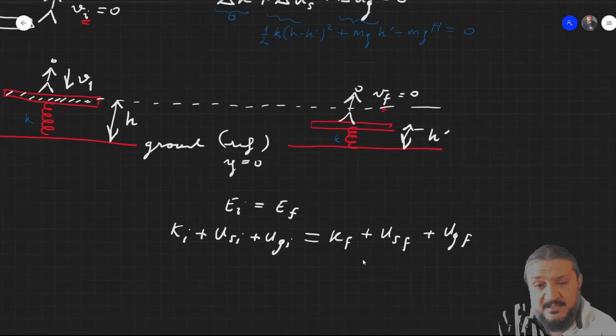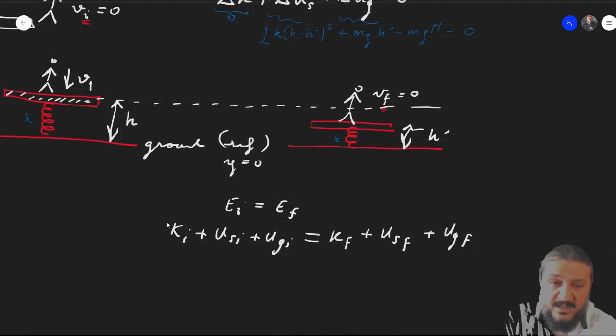This is identical here. Now I said K_i and K_f are the same, so you can get rid of them. They are individually 0. U_si is also 0. We only have U_gi, which was mgH, equal to final elastic potential energy.